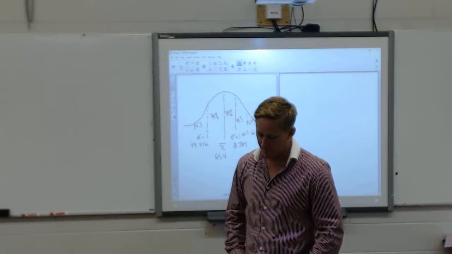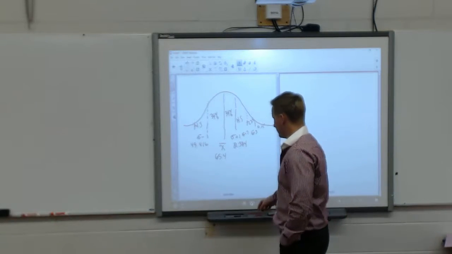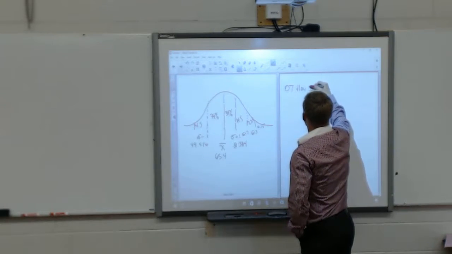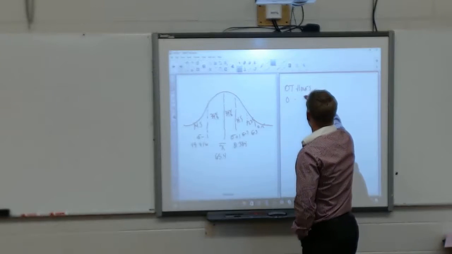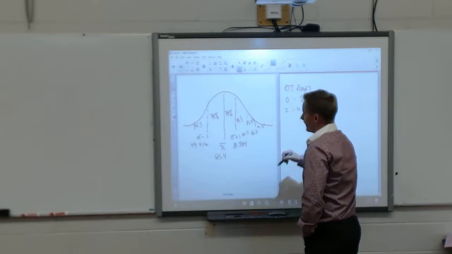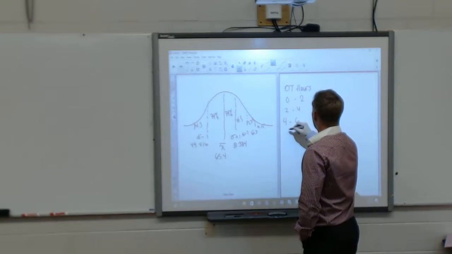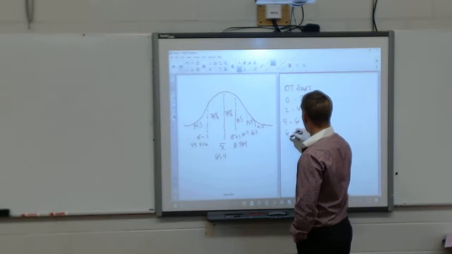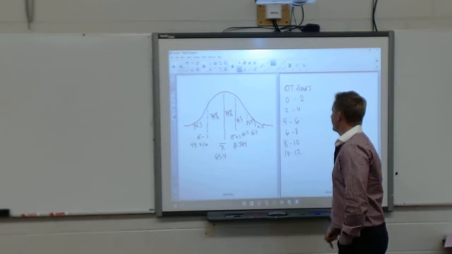So if you look at the top of page 117, you have overtime hours, right? So you've got the OT hours. And they broke it up into intervals. So the first interval is 0 to 2, then 2 to 4, right? Then 4 to 6, 6 to 8, 8 to 10, and 10 to 12, okay.